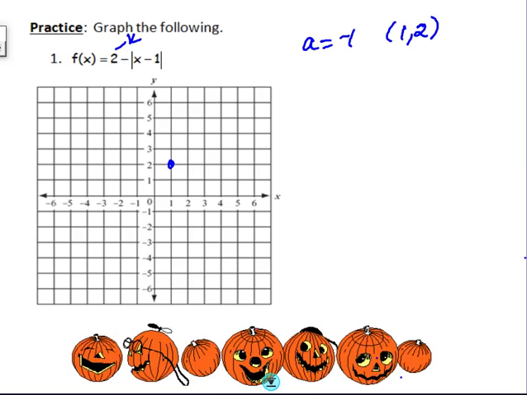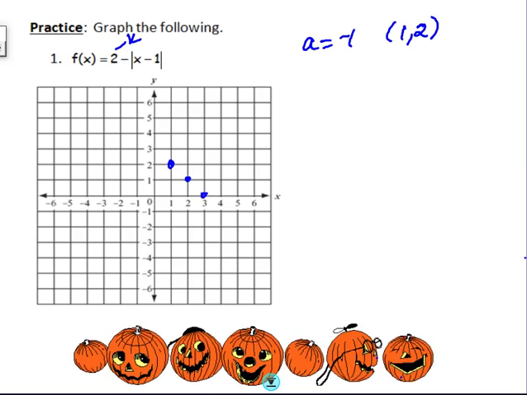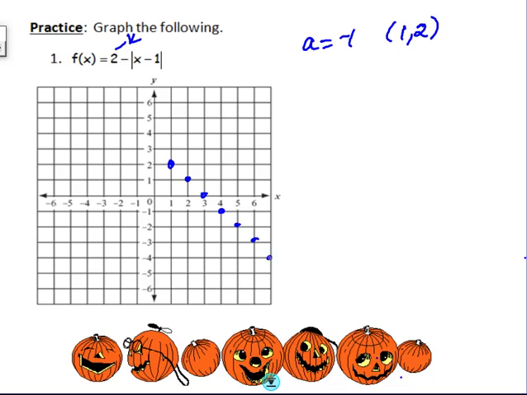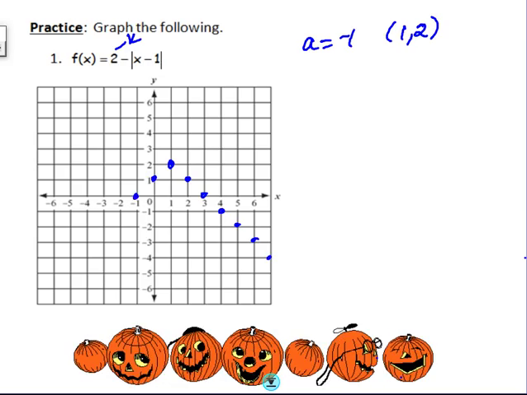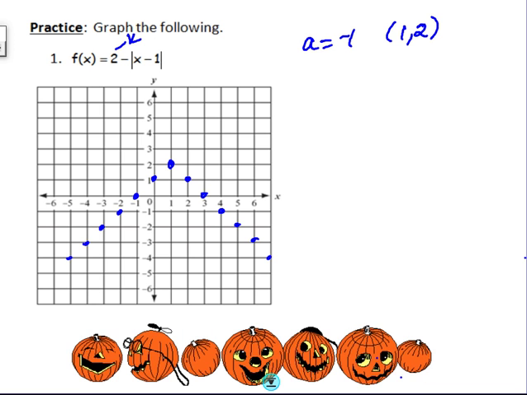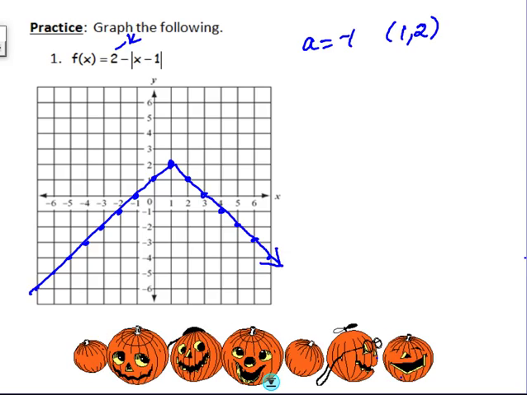And then we're going to move a down and right, all the way off the graph. And let's do the opposite, down and left. Here again, all the way off the graph. Connect your points. There's an absolute value.